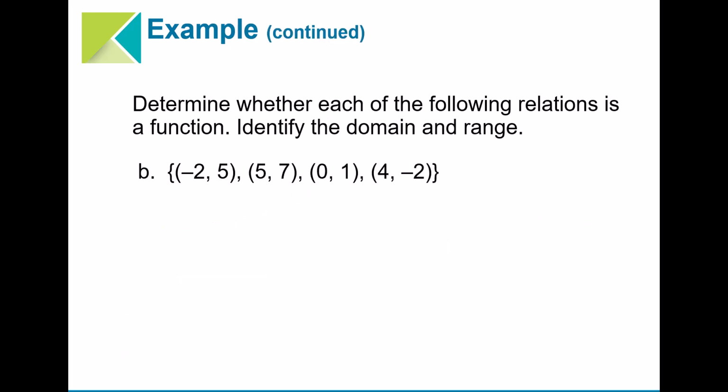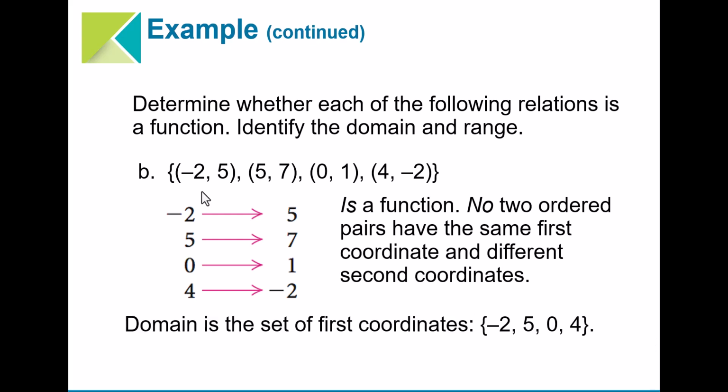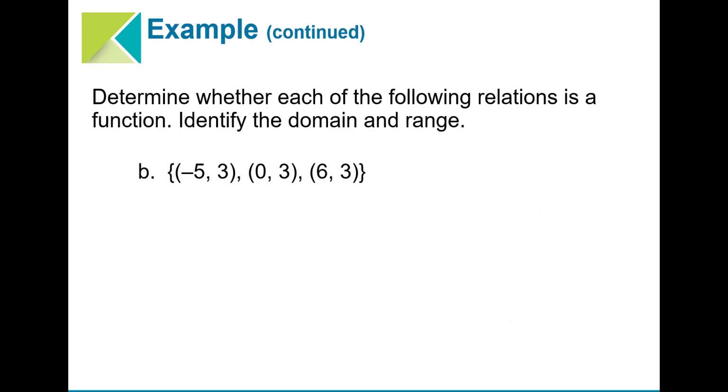All right, let's look at another example, and notice each input x value only goes to a unique output. And so this is definitely a function. No two ordered pairs have the same first coordinate and different second coordinates. The domain, again, the x values, and the range, the y values. Look at one more.